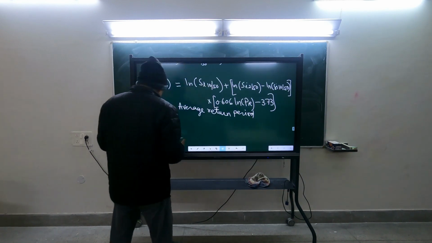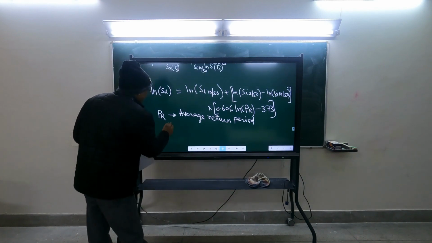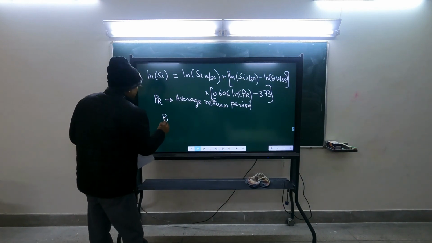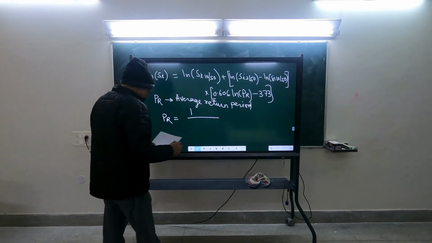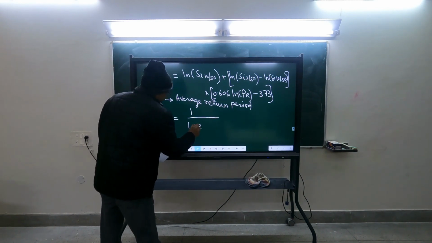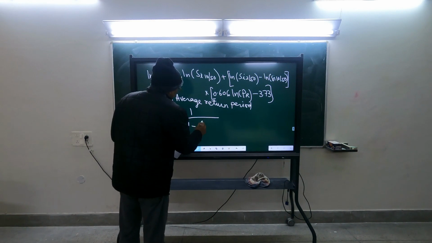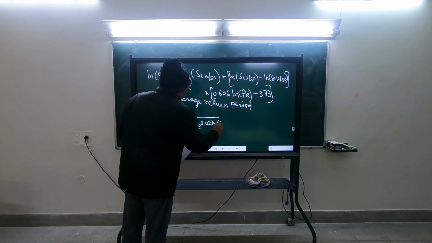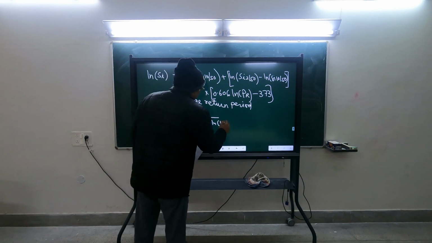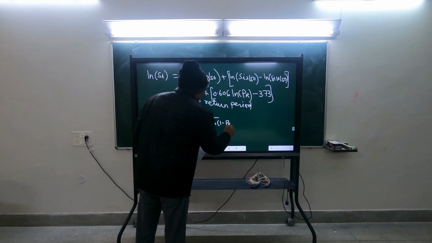And this average return period, PR, is given as 1 over 1 minus e to the power 0.02 natural log 1 minus PE in 50 years.